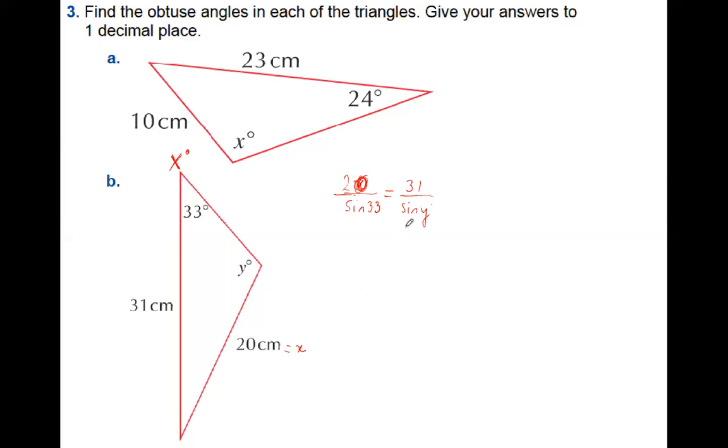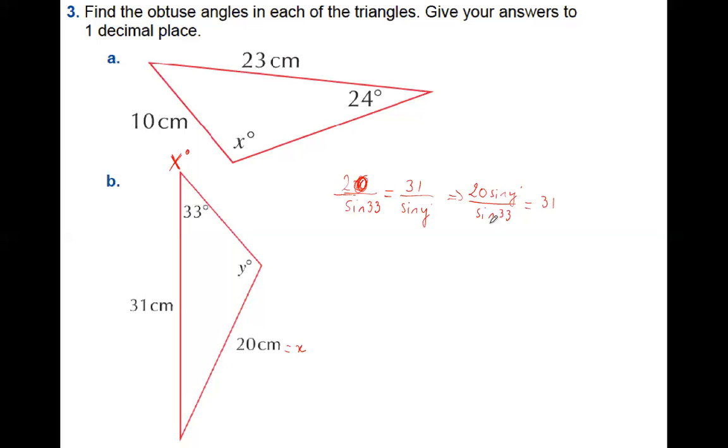So to rearrange this, we're going to times by sine y both sides. Then 20 sine y divided by sine 33 equals 31.